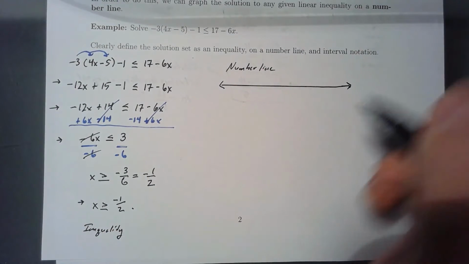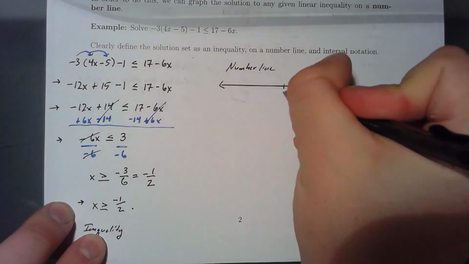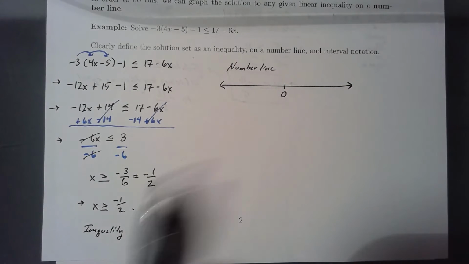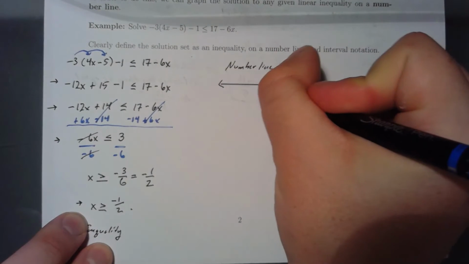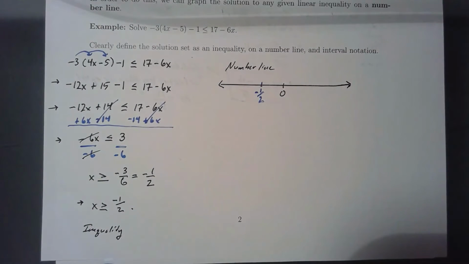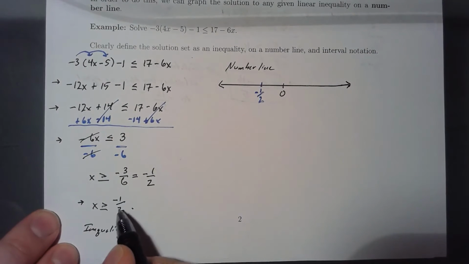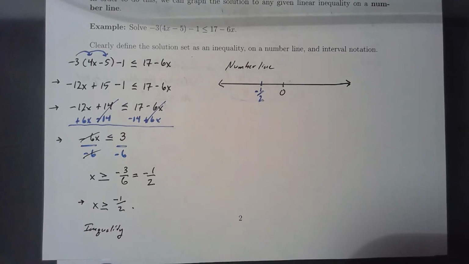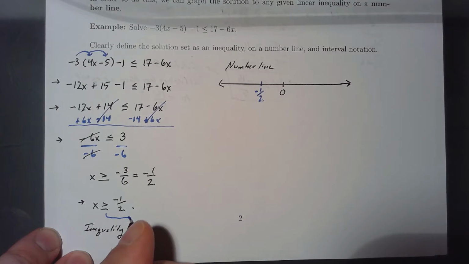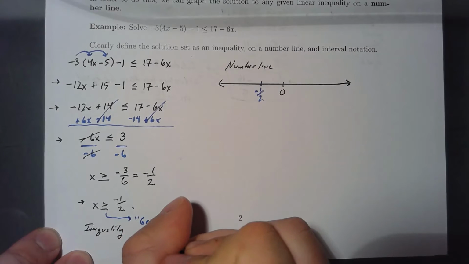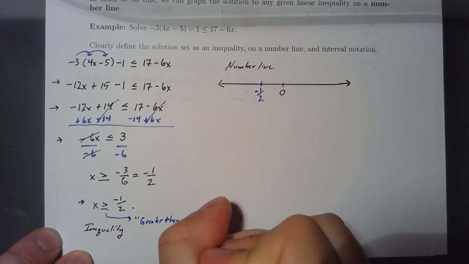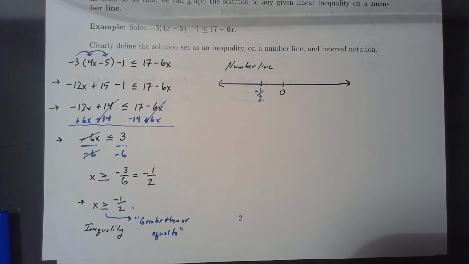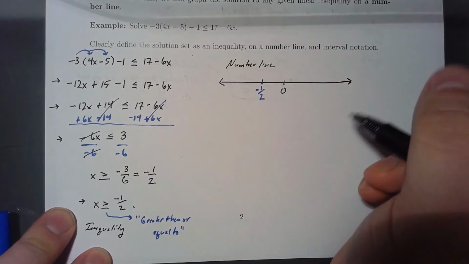So what I do is I include this value. I always put 0 on my number line to separate positive and negative numbers. So negative 1/2 is over here. Now I'm trying to figure out all the values that are greater than negative half. So anything greater than or equal to, that means everything to the right of negative half.